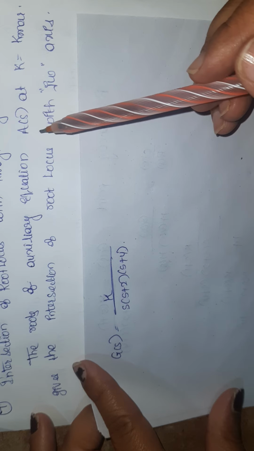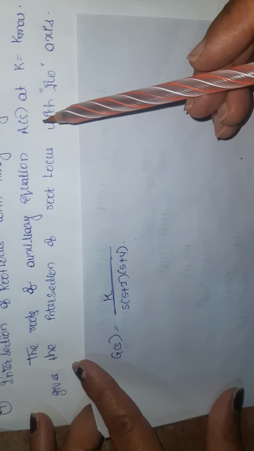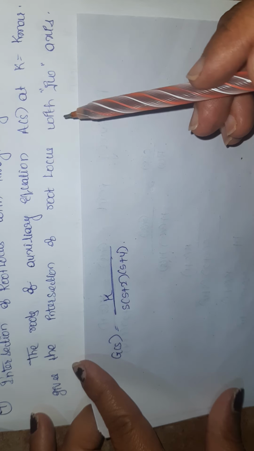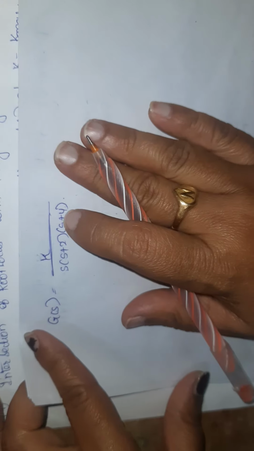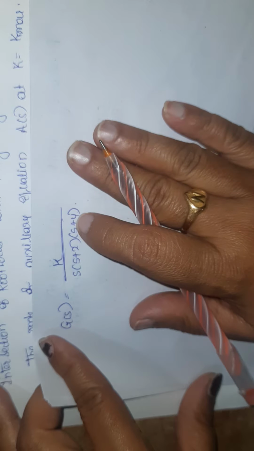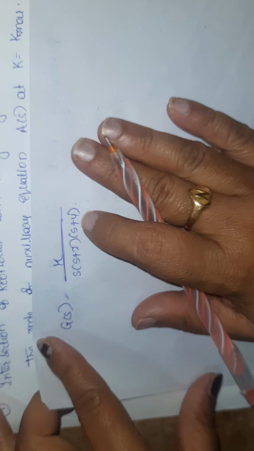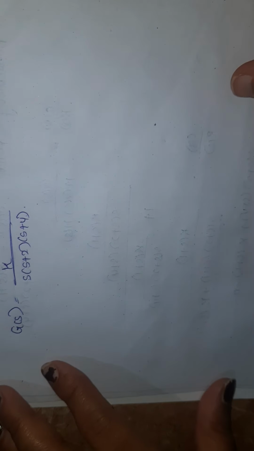Then we consider an auxiliary equation. So we have to construct the RH criteria to go for the seventh rule.